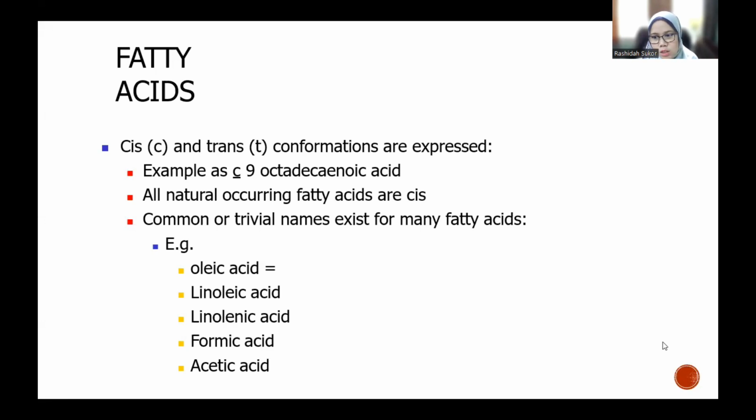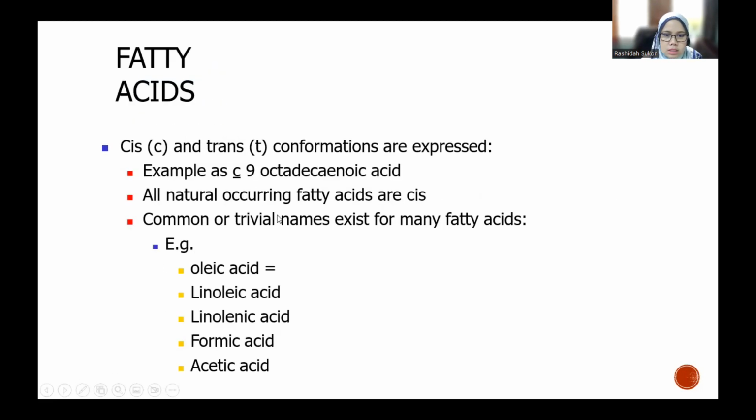That's why doctors recommend not taking food that has a high trans fatty acid content. Because all naturally occurring fatty acids are cis, why does it become trans? Because food manufacturers convert it to trans for the stability and shelf life of the food.